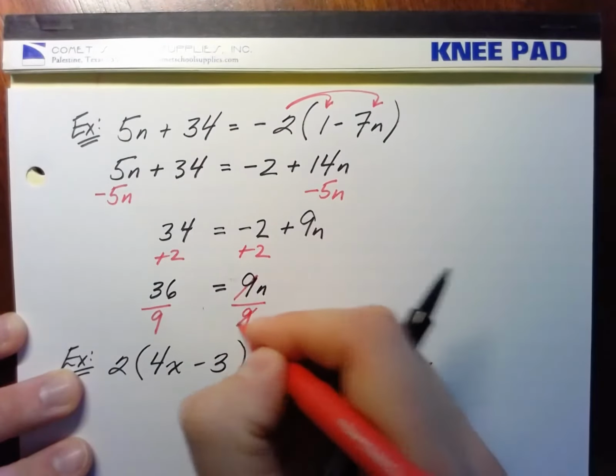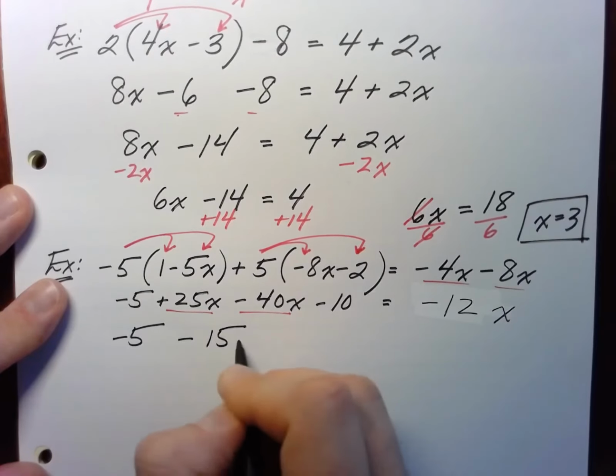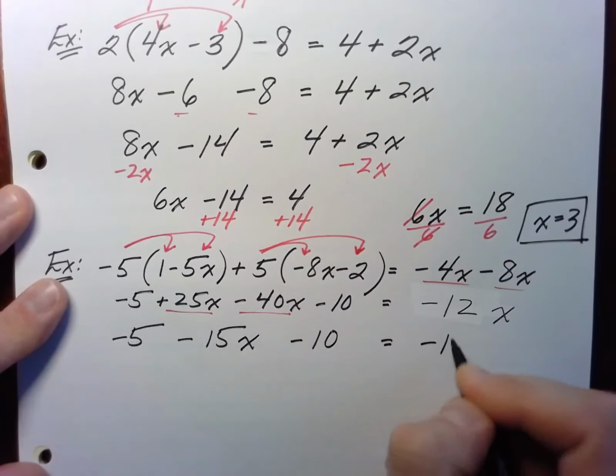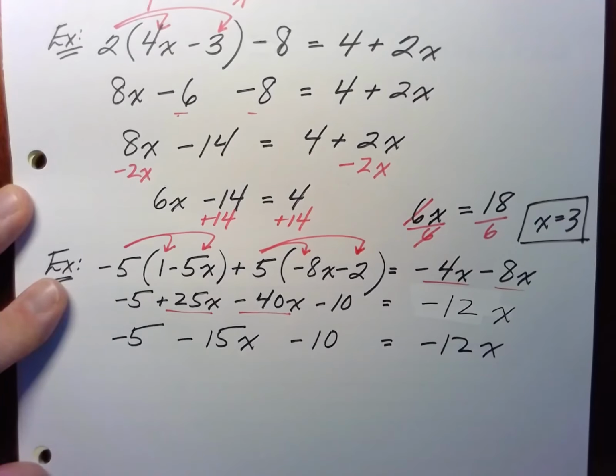And so now I need to combine terms. So I have this 25 and this negative 40. And I also have, well, I'll do it one at a time. How about that? So negative 5, I'm doing a 25 minus 40, which is going to give me a negative 15x. And I still have this minus 10. And all of that still equals negative 12x.